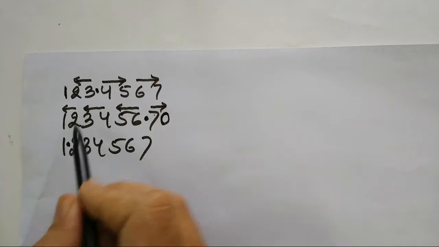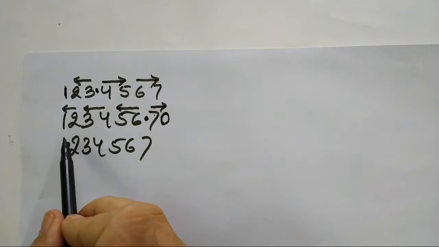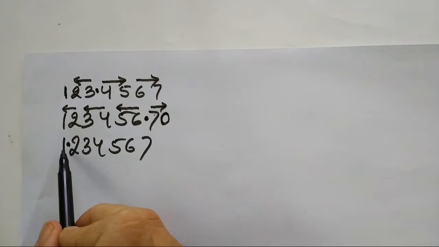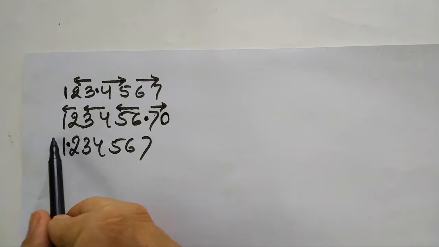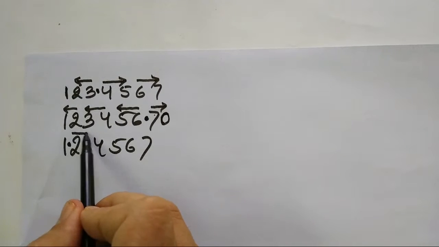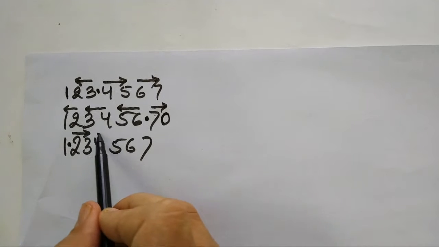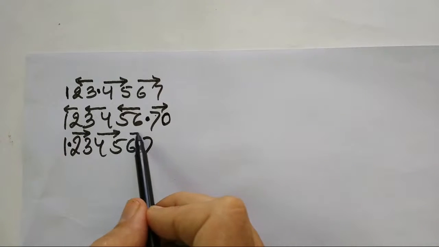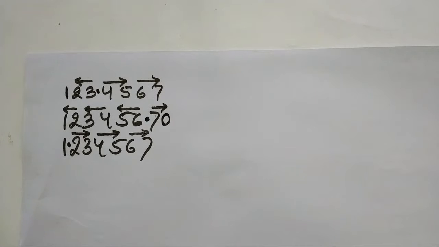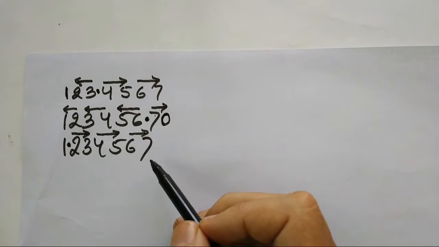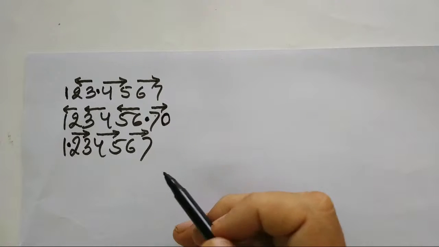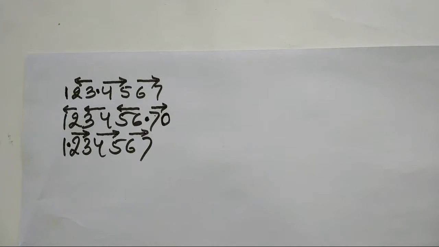You will make pairs, as I told you, starting from the decimal. Towards the left there is a single number, so you will not make a pair there, you will make pairs to the right. So this is your first pair, second pair and third pair. This is the first step of finding the square root of a decimal number.